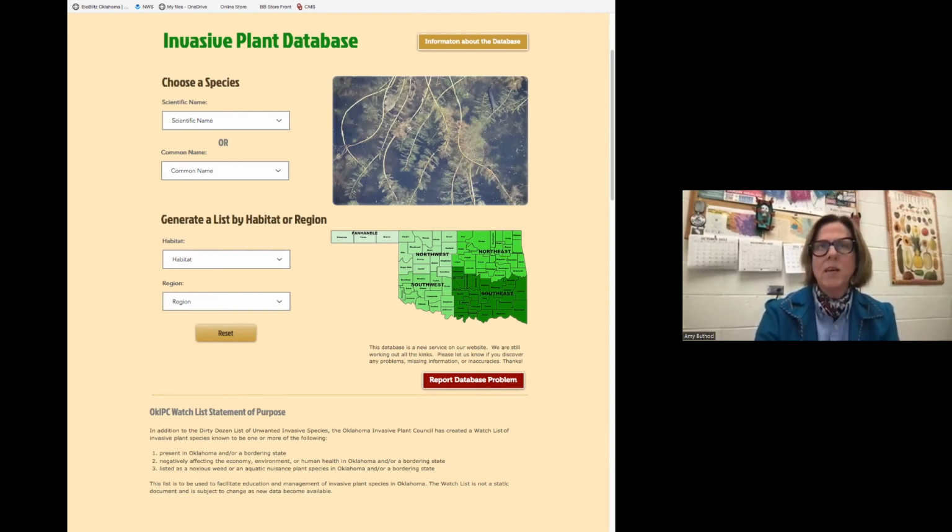I also looked at herbarium records from around the world using the Torch portal. So I looked in as many places as possible to see if the plant had been found in Oklahoma before. Currently known from Oklahoma means it has been found in Oklahoma at some point.